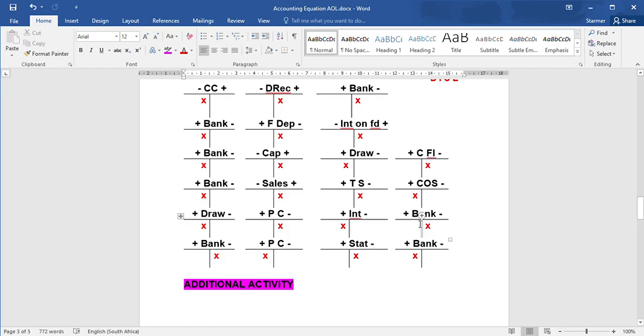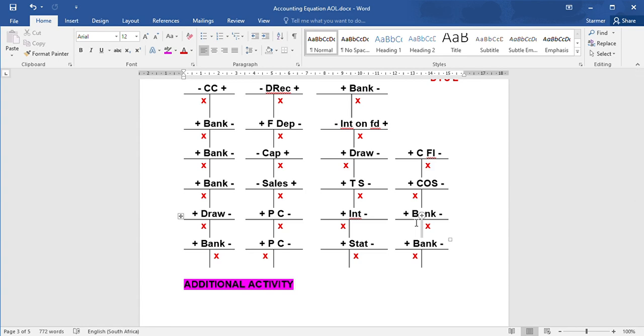Now I've made an error here because bank is actually now a liability. So there should actually be the minus and the plus should be this side. So when you're going through this, change this if you're writing anything down. So bank becomes a liability. The amount of interest goes up. The amount of your liability will go up because you're being charged interest.